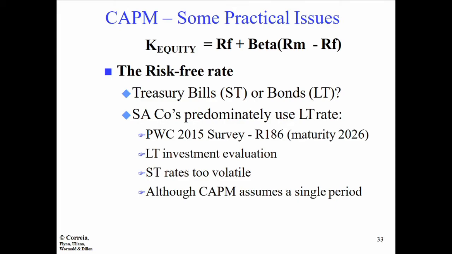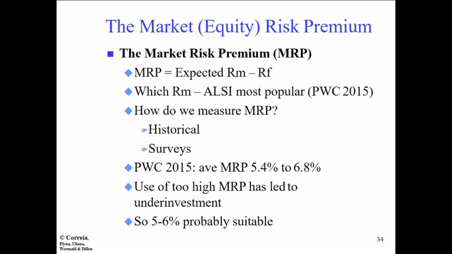Another reason why short-term rates may not be appropriate is that they are significantly more volatile. According to a PwC survey, 33% of respondents use the R186 bond as the most popular benchmark as a risk-free rate.